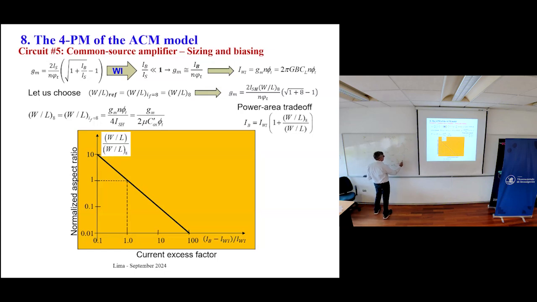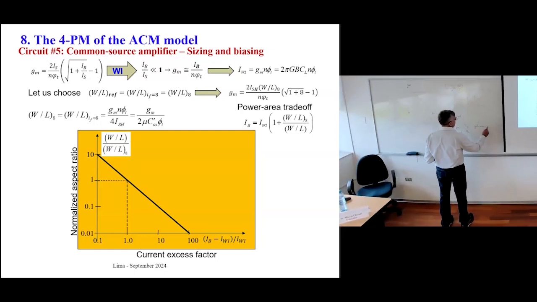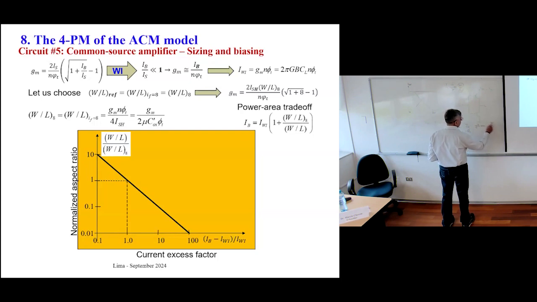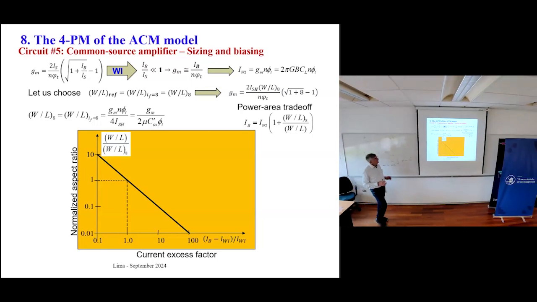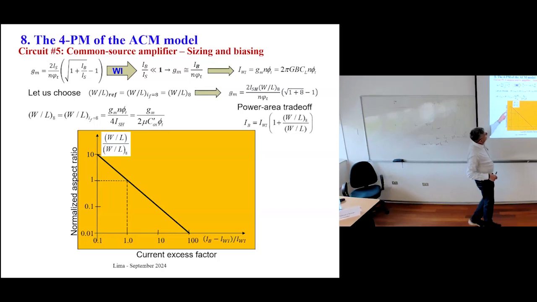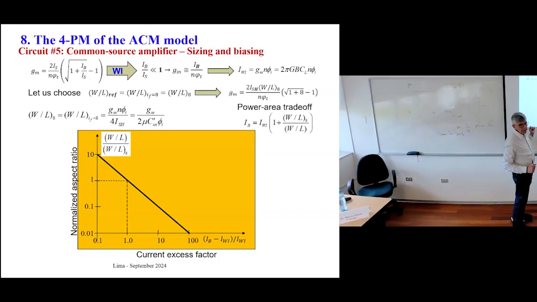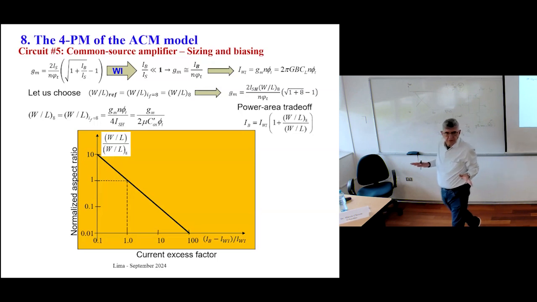So the gate area, which means silicon area, okay, is W times L. So if L is kept constant, well, the gate area is proportional to W. That's it. So I would read this axis here as silicon area or transistor area.